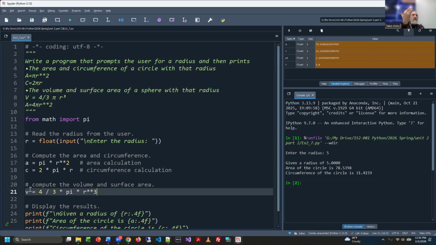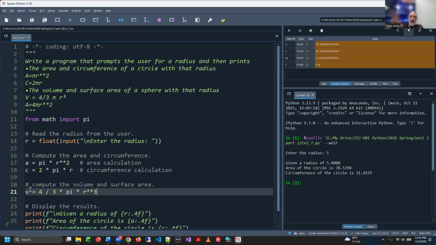Do I need parentheses or anything here? No, because division and multiplication are all on the same level. Doesn't matter what order they happen in. Well, according to the PEMDAS rules, multiplication will happen first, by the way, if you really want to get particular about it.